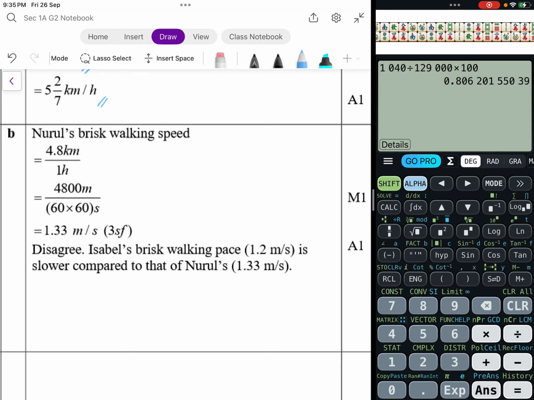Okay, down here, Isabel does her brisk walk on a treadmill in the gym at 1.2 meters per second. She claims that her brisk walking pace was faster than Noru's. Do you agree with her?